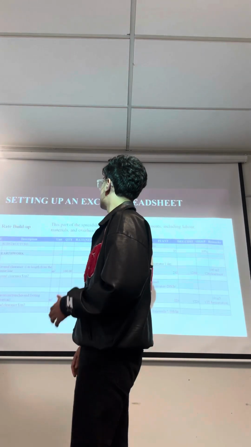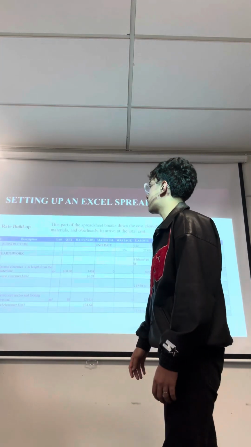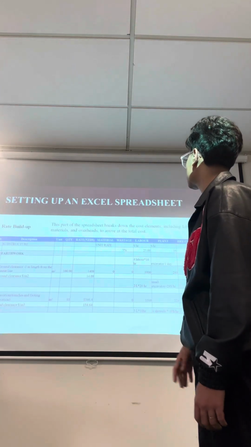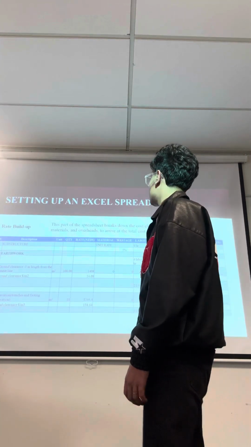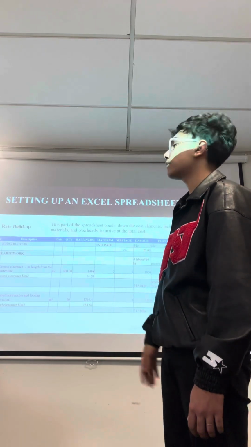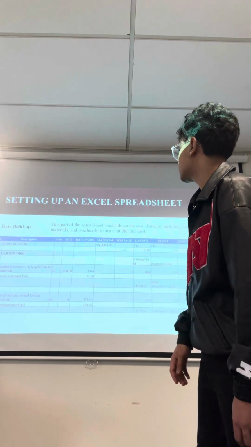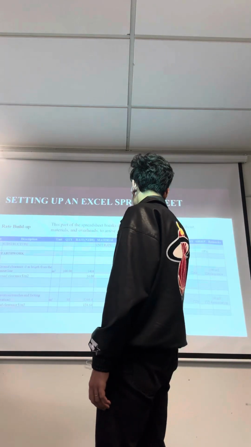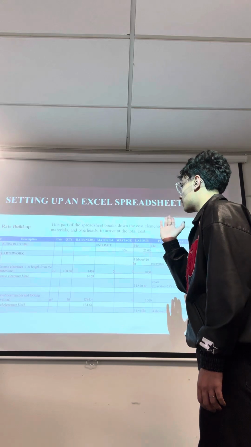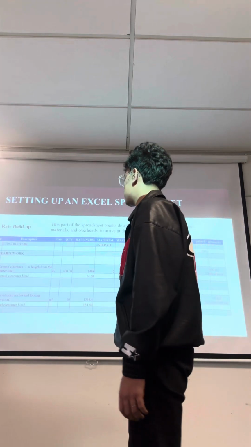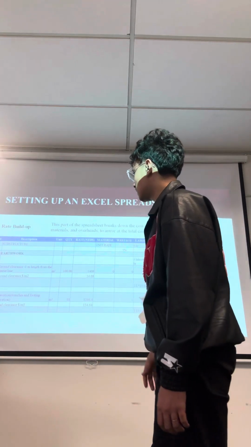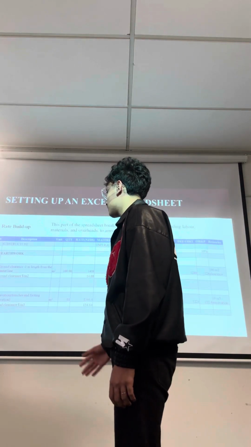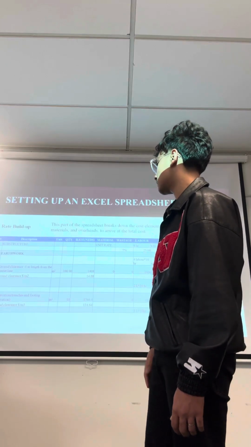So the fourth one is rate build up. This part of the spreadsheet breaks down the cost elements, including labor, materials, and overhead to arrive at the total cost. In the description, you can see the earthwork: the ground clearance 1 meter length from the center line, as I mentioned earlier, the ground clearance in meter square, and the excavation trenches and footing excavation.